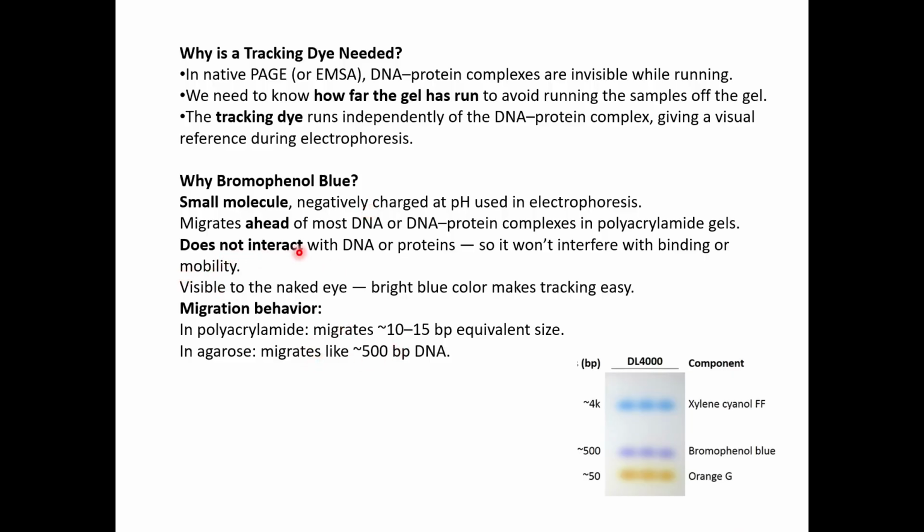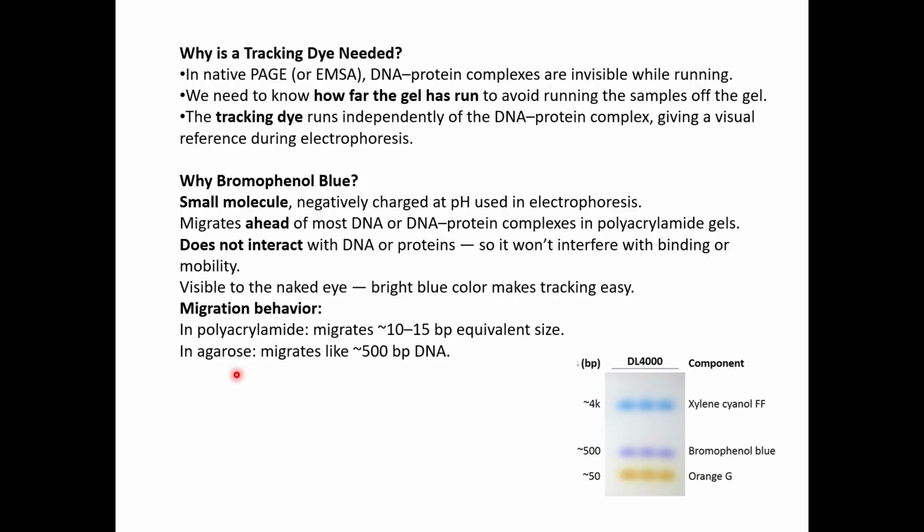So another great point is that it does not interact with DNA or protein. So it won't interfere with binding or mobility, which is very important in case of EMSA. And of course, it is visible to the naked eye. It's a bright blue color that makes it easy for tracking. Then the migratory behavior. In case of polyacrylamide, it migrates around 10 to 15 base pairs size, and in case of agarose, it migrates around 500 base pairs size.